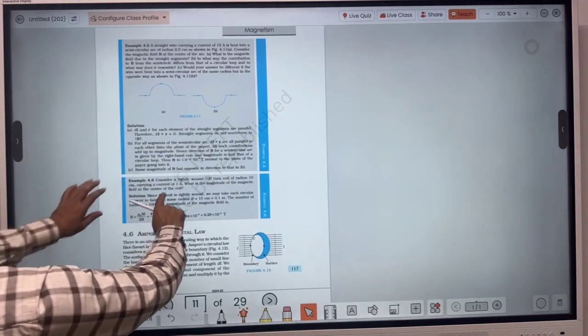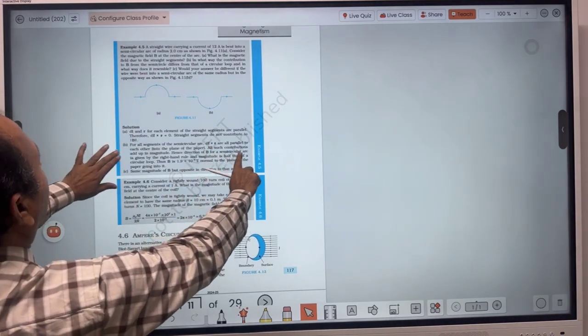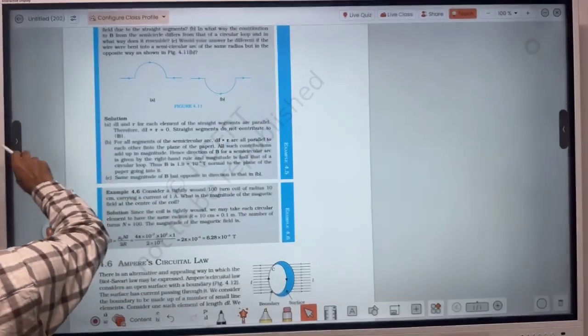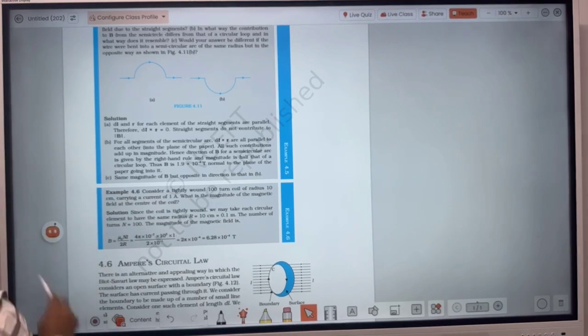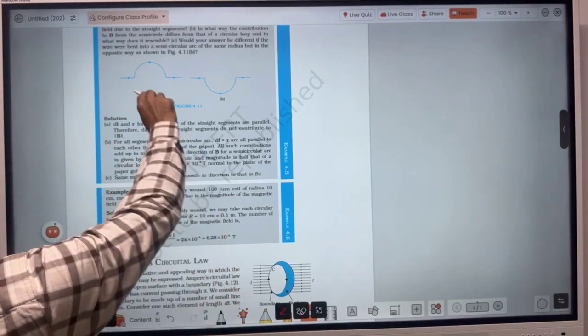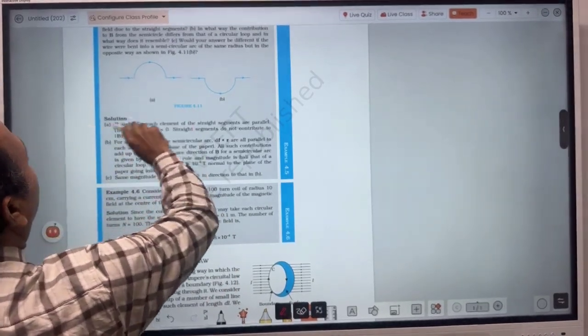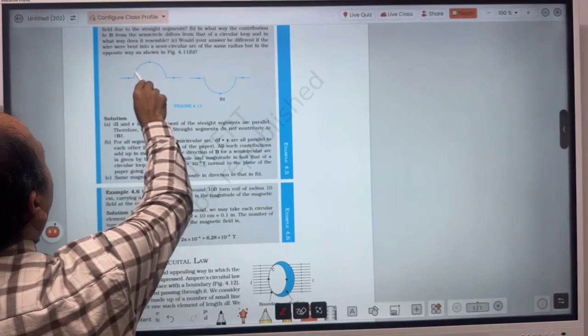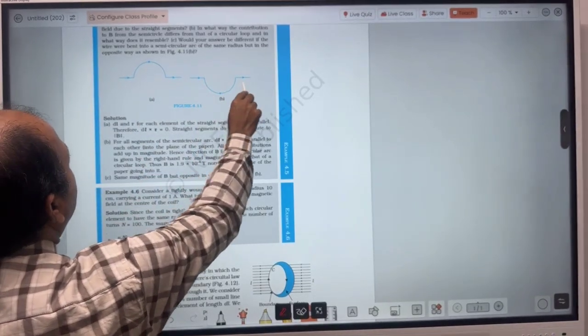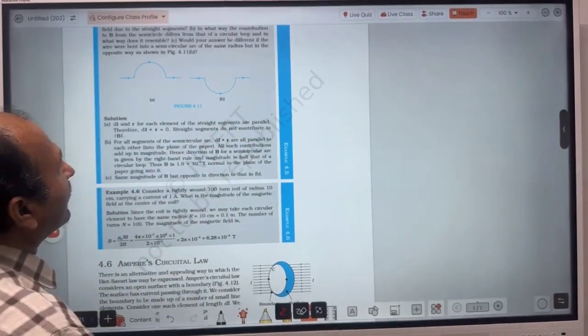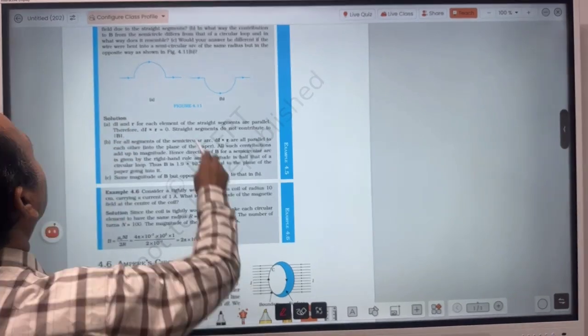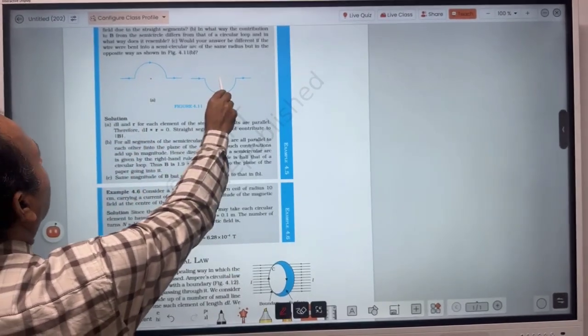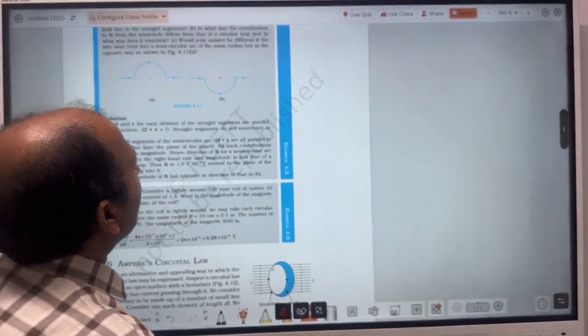Here you are given this semi-circular arc. Current is going like this. This is another semi-circular arc. Current is going like this. You have to find out the magnetic field at its center. What is the rule?